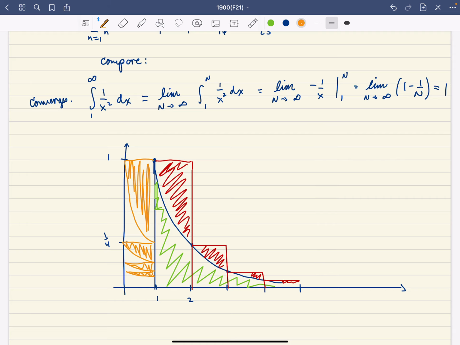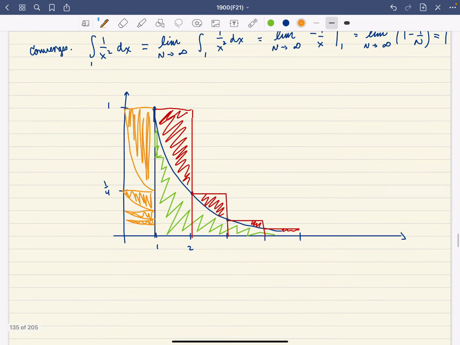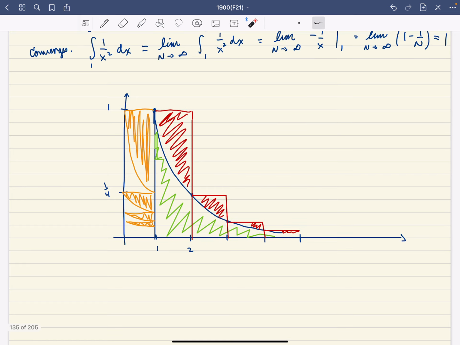Even though they're not the same value, they differ by at most 1. If I add up these infinitely many orange terms, they can be at most 1, because this is a rectangle of width 1 and height 1. The rectangle that all these orange pieces are in has area 1.